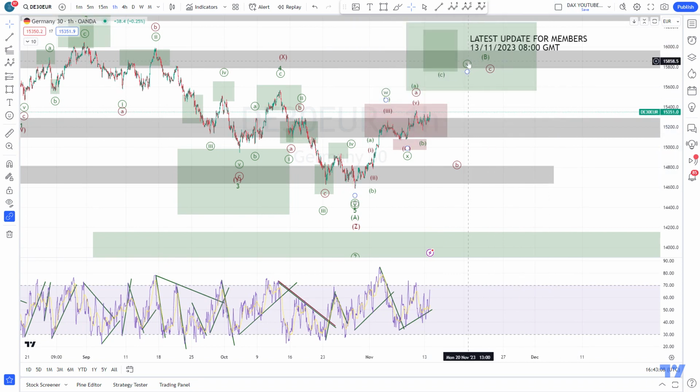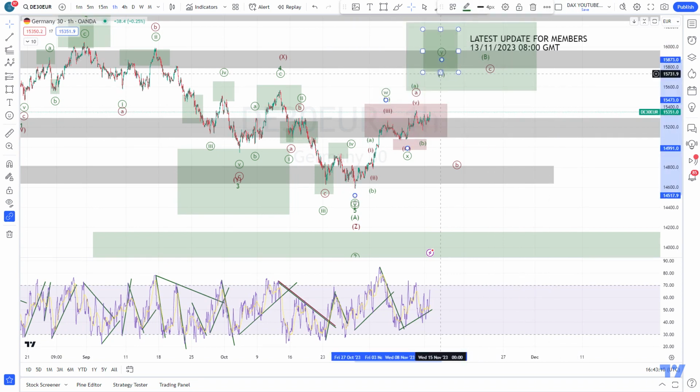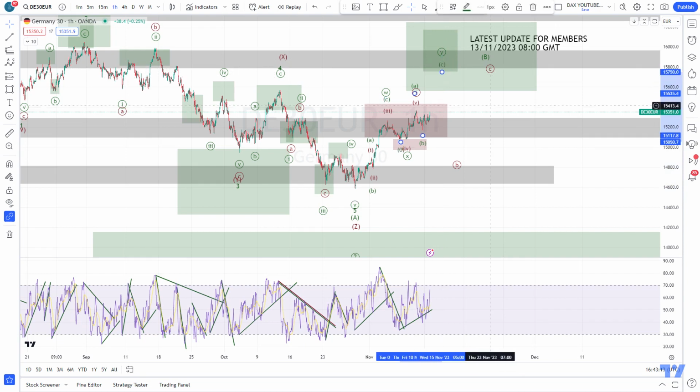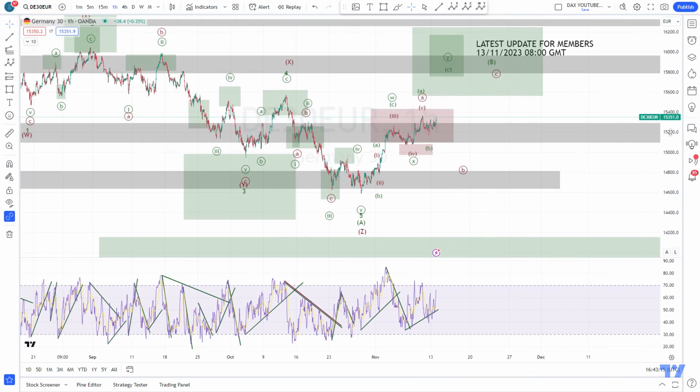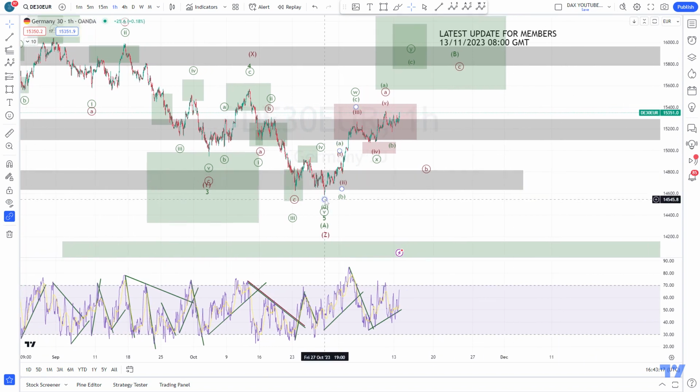So then we get something like this. From this low, a WXY structure with a shallow wave X: wave W we had as an A, B, C, then a shallow wave X, and now another A, B, C. So while everybody here is expecting 5 waves, and it also looks like 5 waves from here, we end here with divergence, nice impulse up actually.